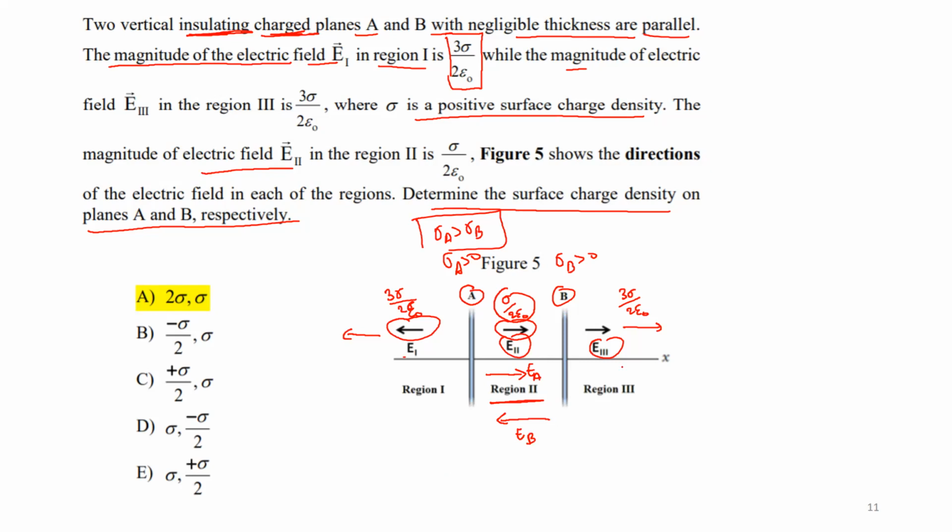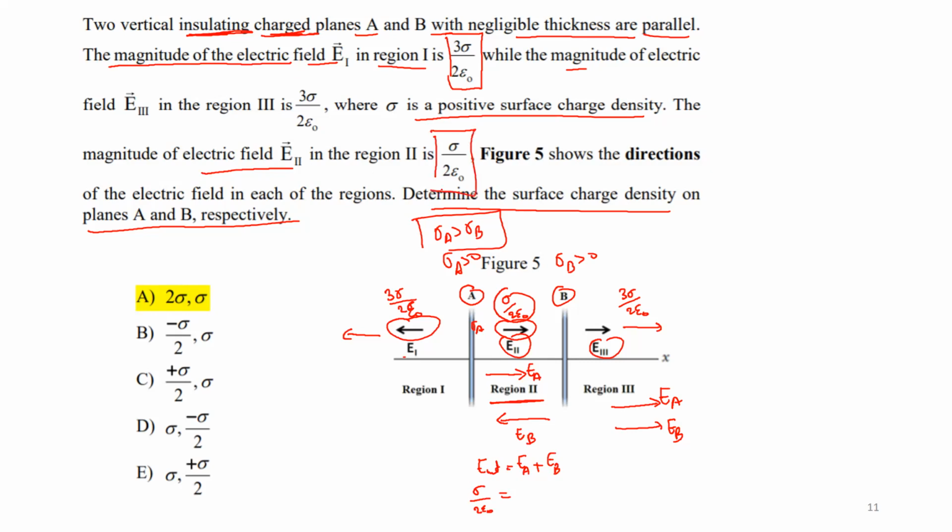Good. Now let's look at region 3. If sigma A is positive, EA is in the positive direction, and EB is also in the positive direction. Here in region 2, what is the electric field? The net electric field, let me say E net, is EA plus EB. And E net I already know, it's sigma divided by 2 epsilon naught, because it's given by the problem.